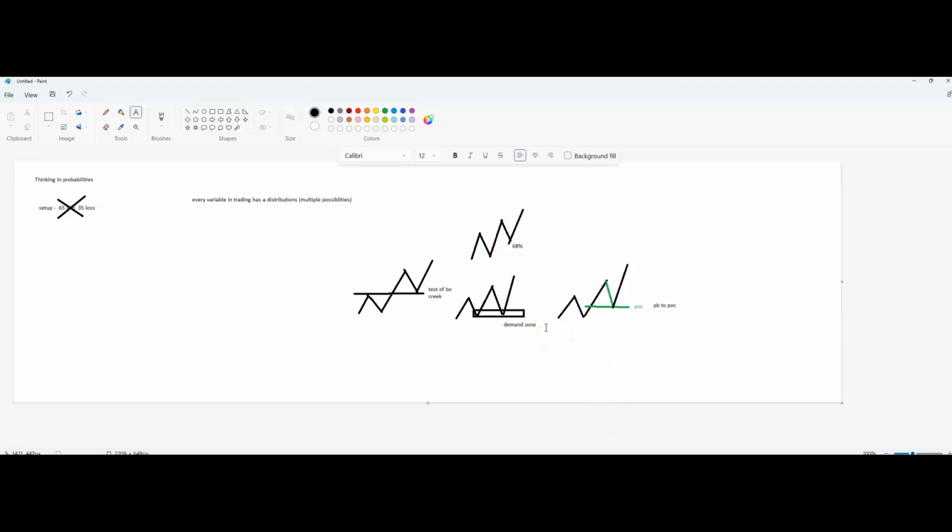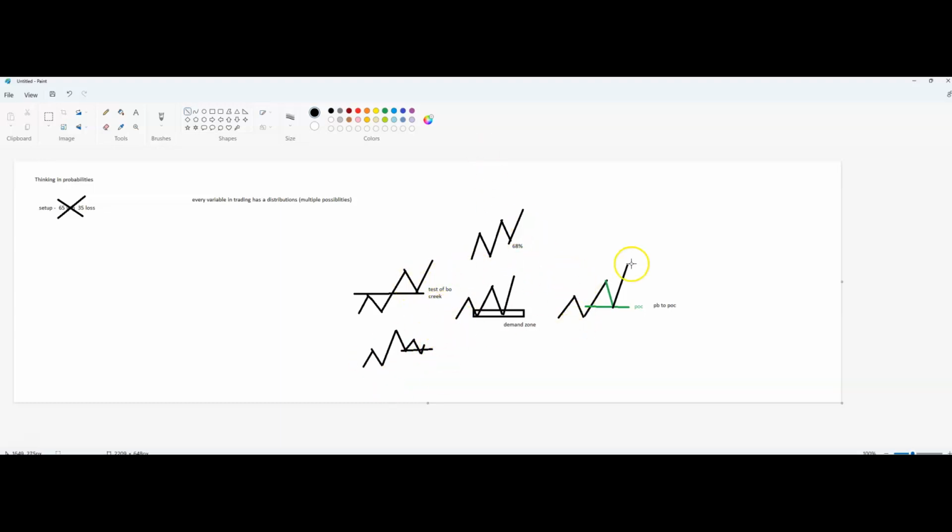And there are others. As soon as it comes back here, for example, we might have something like this. Someone wants a spring, that ABC correction. And they'll buy it as soon as the market dips below and comes right back above. So A, B, C, and break above A. So this is the fifth one.